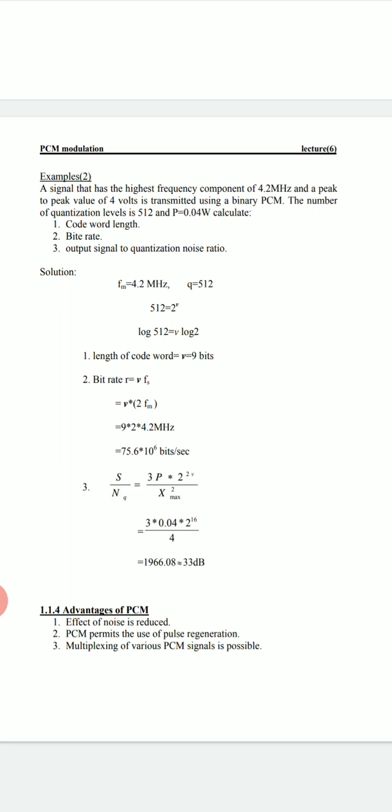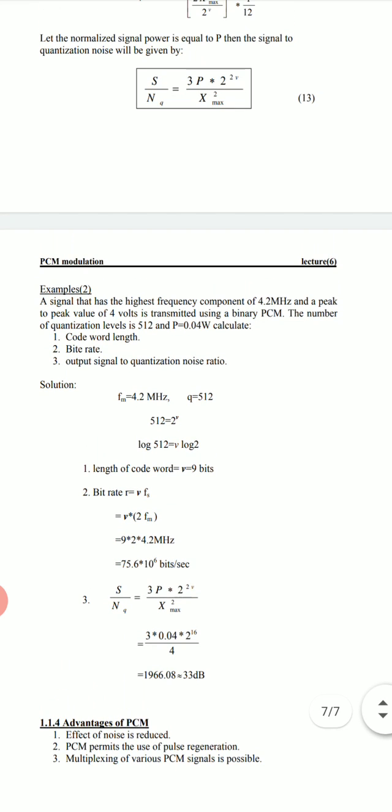Third, you are supposed to find the output signal to quantization noise, that is, you are supposed to find SNR. Sometimes there will be questions where they ask for SNRQ, signal to quantization noise ratio, or SQNR. All have the same meaning. You are supposed to find SNR, for which we have the formula S by N equal to 3P into 2 raised to 2V upon x max square.